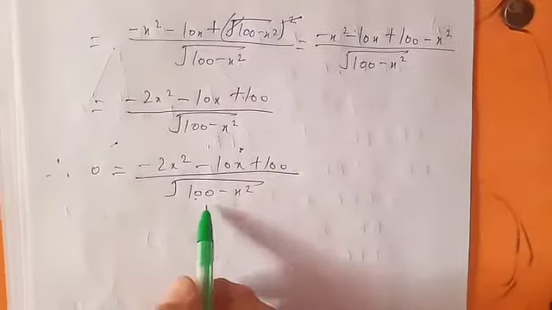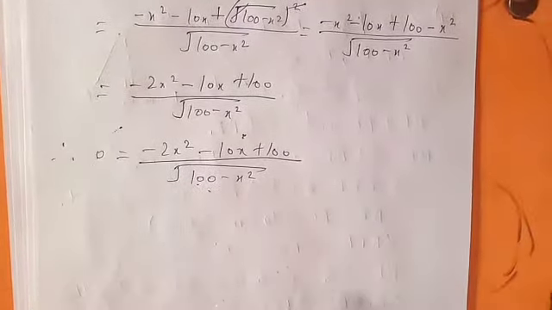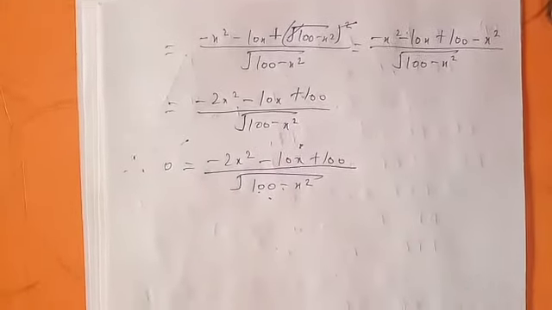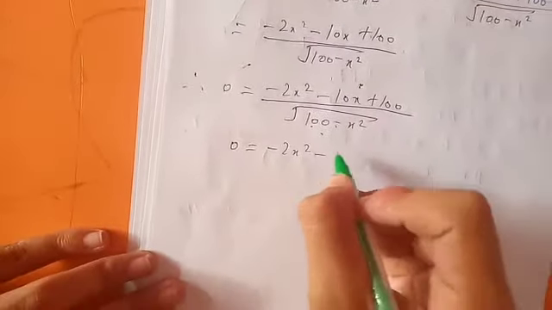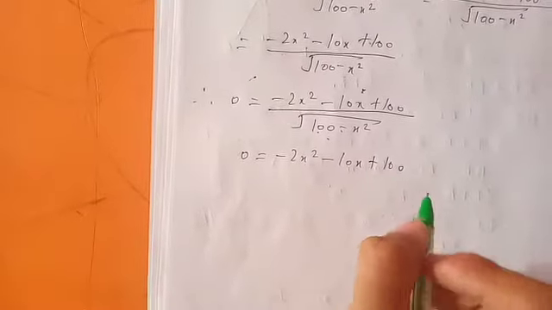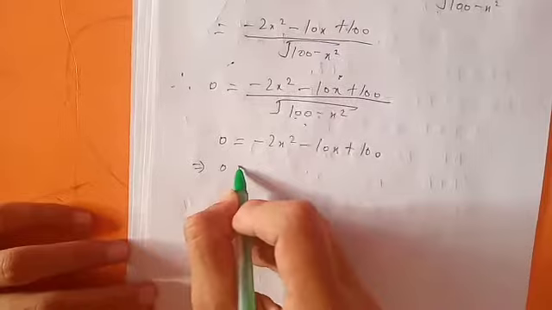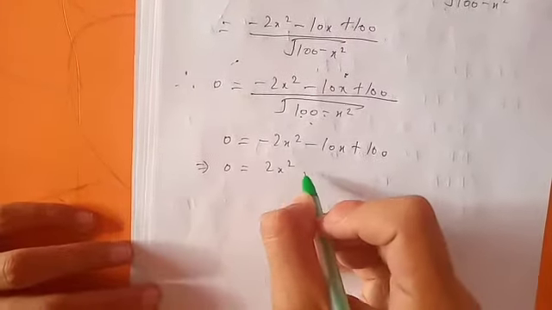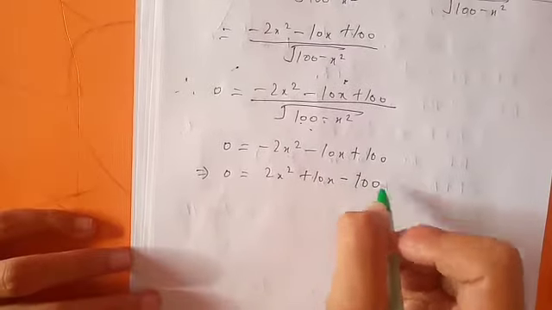Now if it is in division here, when we take it to the other side of the equal sign, it will be multiplication. 0 into something is 0, so we get 0 is equal to minus 2x square minus 10x plus 100. Also we can take a minus common, so we get 0 is equal to 2x square plus 10x minus 100.